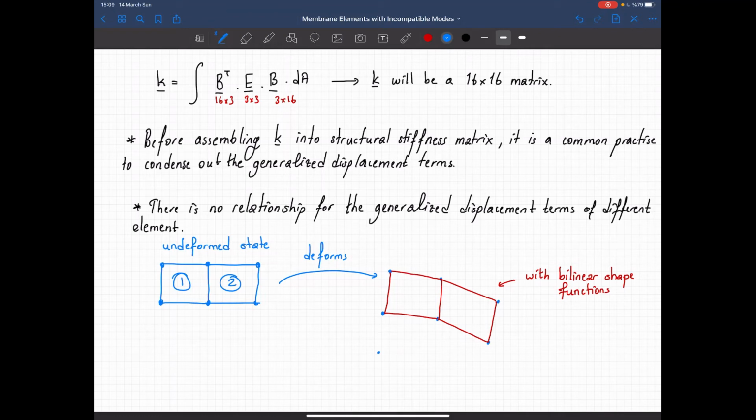But now I will draw the same figure with incompatible modes. Now remember that the displacement of the first element is now written in terms of nodal displacements as well as the generalized displacement terms. So let's say that due to that I can have curves now.